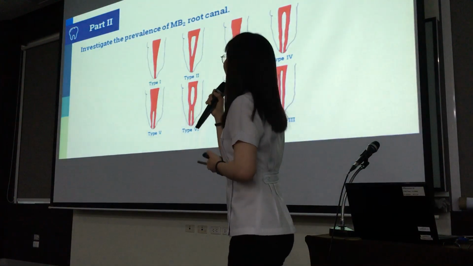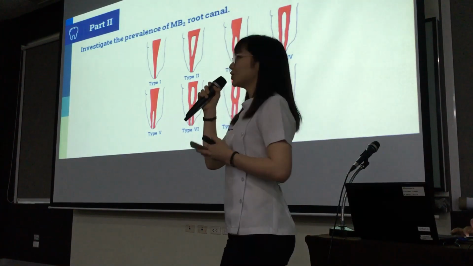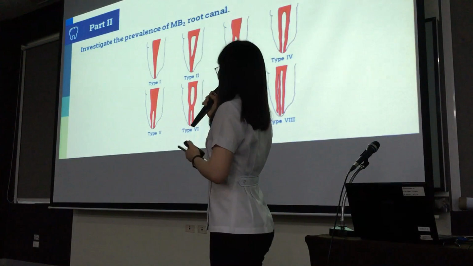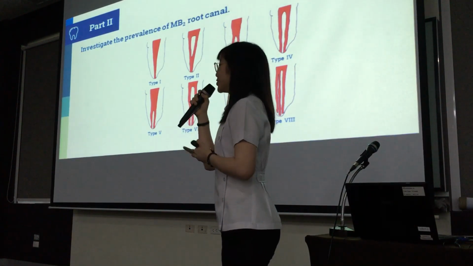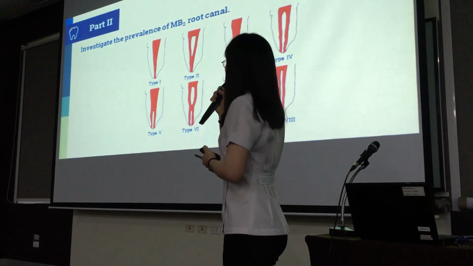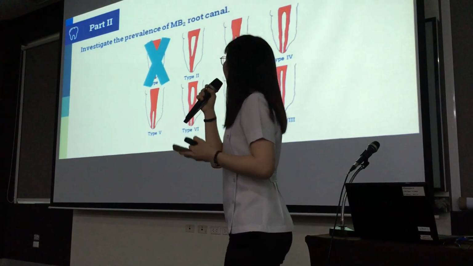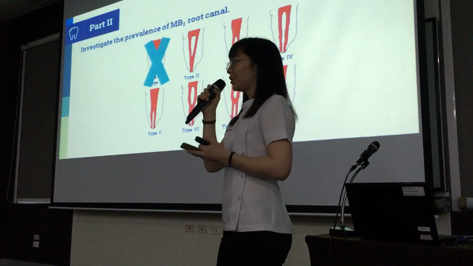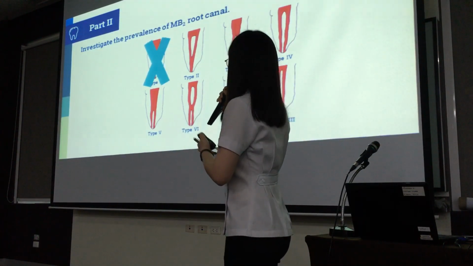For part 2, the 3D image was used to investigate the prevalence of MB2 root canal by using Vertucci classification, and then we will use all data except type 1, divided by all specimens.